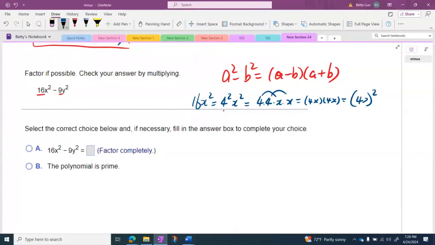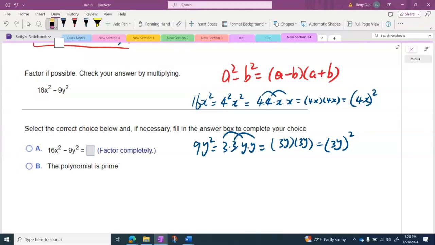It is the square of 4x. Similarly, 9y squared, 9 is 3 times 3, y squared is y times y. So 3y times 3y, we have the square of 3y. So this binomial is a square minus a square. First square has base 4x. Second square has base 3y. So by the formula, the answer is going to be 4x minus 3y times 4x plus 3y.